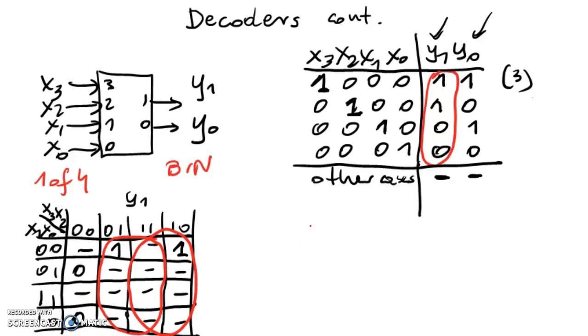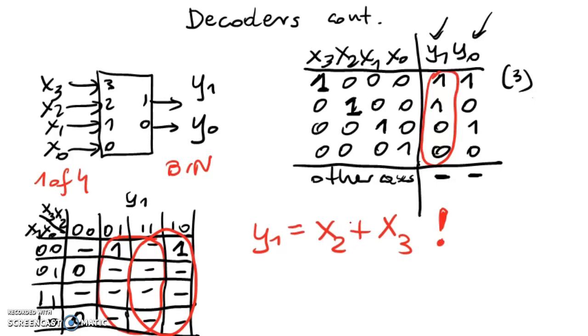Okay, so from the first, I mean this one, you get x2. From the second group of 8 elements, you get x3. That's all. Very short, compact, very cheap solution, and a single gate is needed to generate y1.